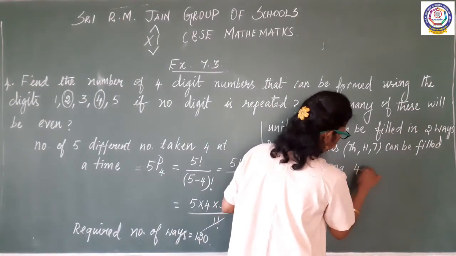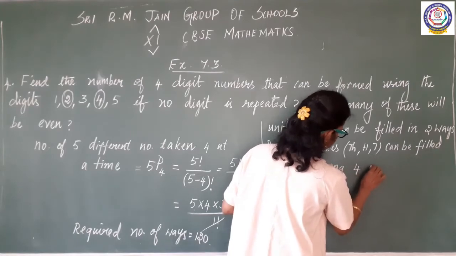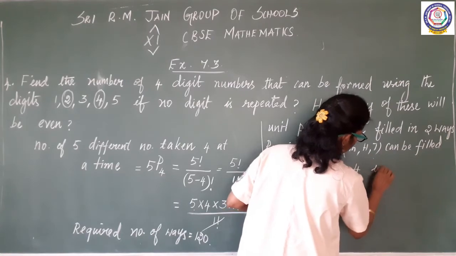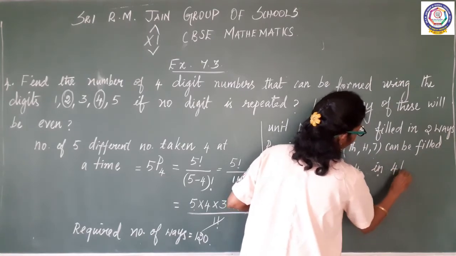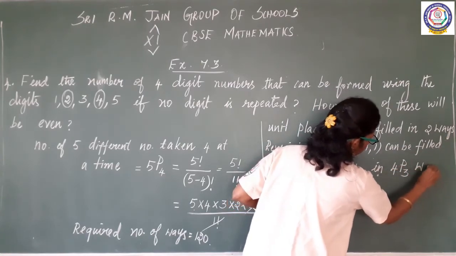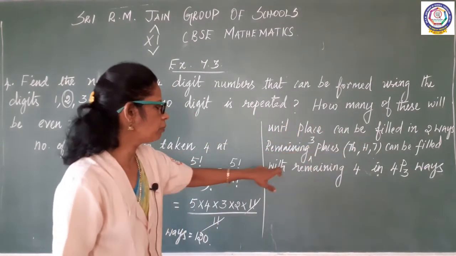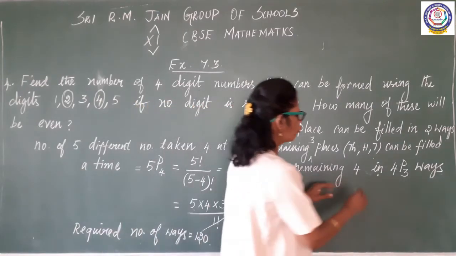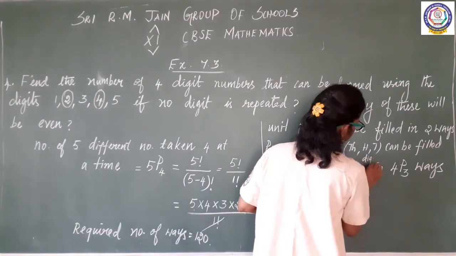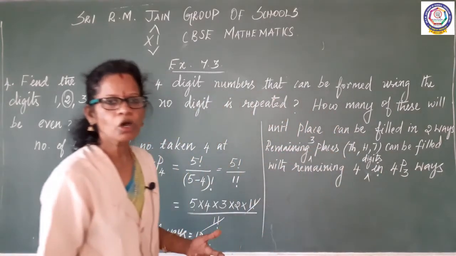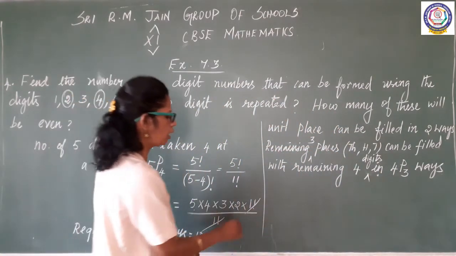Remaining 4 digits, in 4P3 ways, right? The remaining 3 places can be filled with the remaining 4 digits in how many ways? 4P3 ways, right?